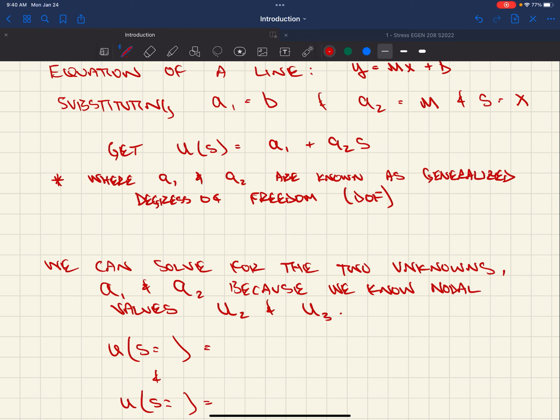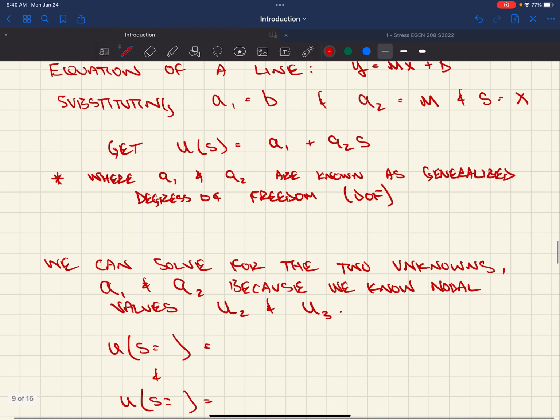We know that when S equals 0, our displacement is U2. Therefore, A1 equals U2. If we look back at that equation, A1 plus A2S, when S equals 0, we essentially get U2 equal to A1.